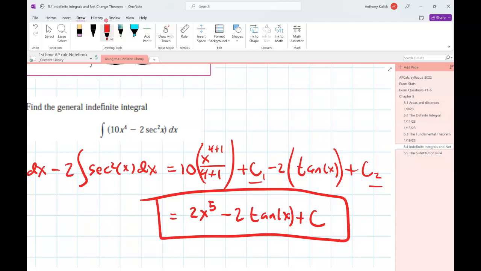Mia. How do you know c2 isn't a negative number? Okay. And c1 and c2 are not the same number, so they're not going to cancel out. Whether you're adding or subtracting them, you still get a constant back, right?